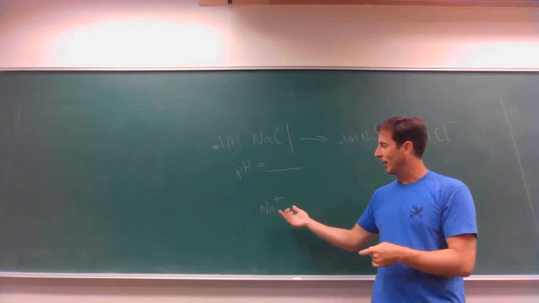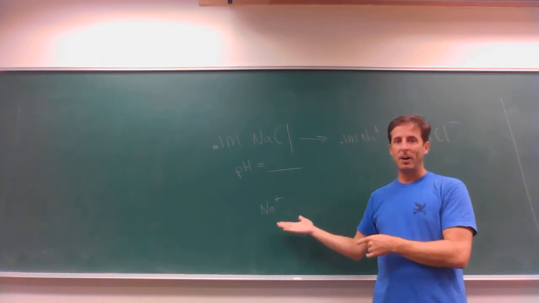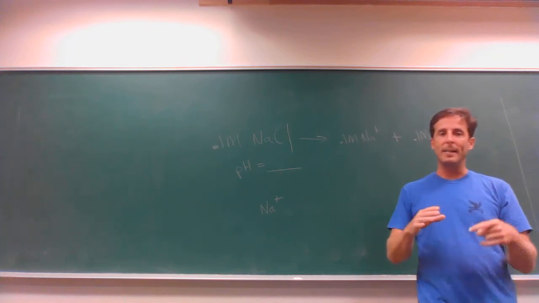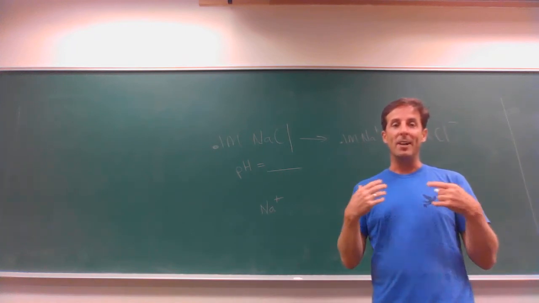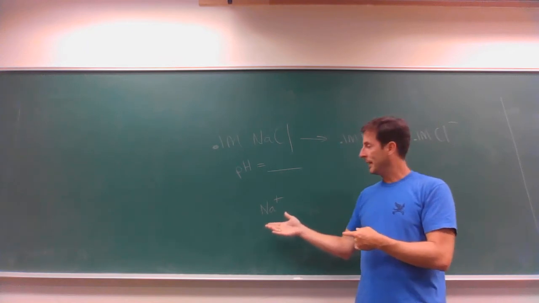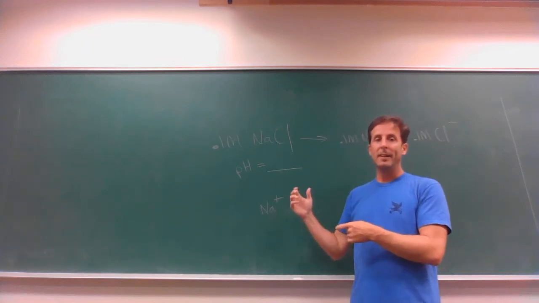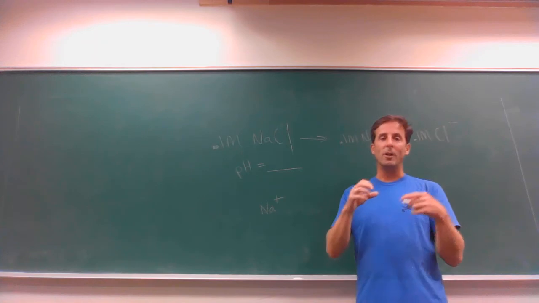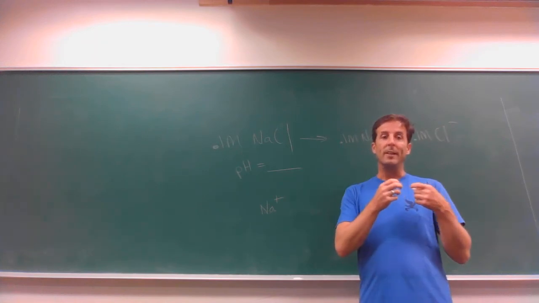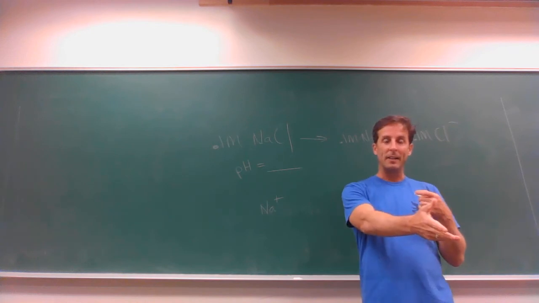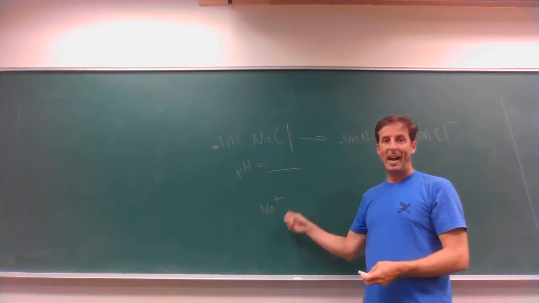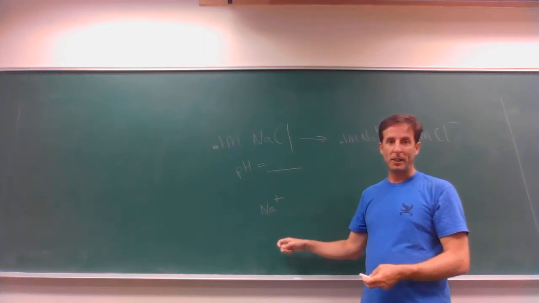Honestly, it's kind of hard to tell on its own what it's going to do. But I have to think about whether there are any acids or bases that I know that are related to this. If I had sodium hydroxide, which is a base, when it gives up a hydroxide, I'm left with the sodium cation. So this is the conjugate acid of sodium hydroxide.